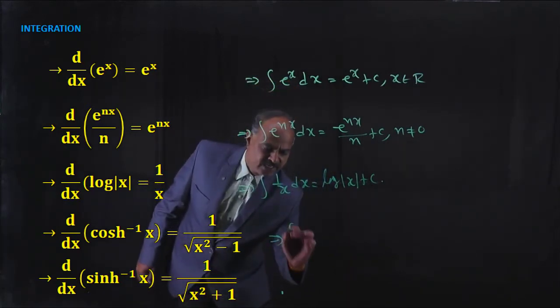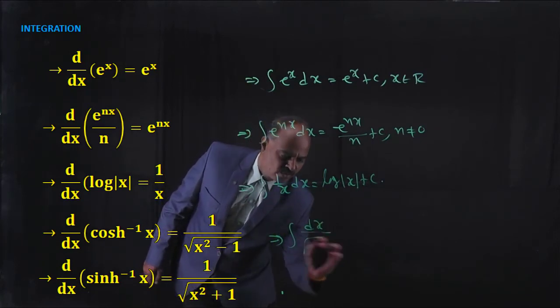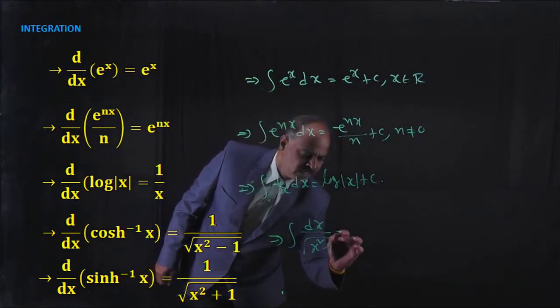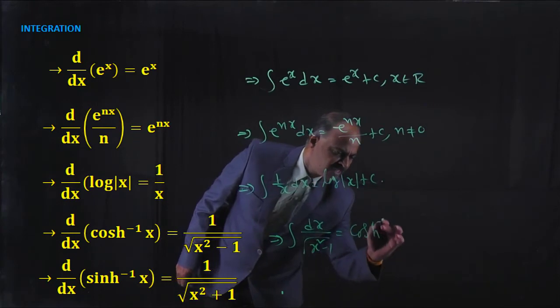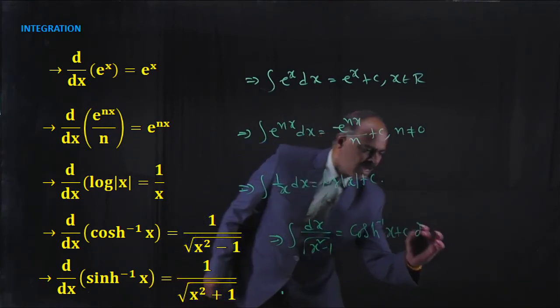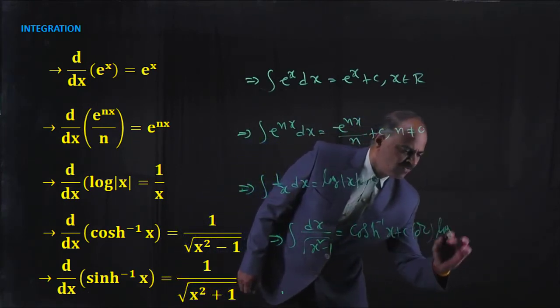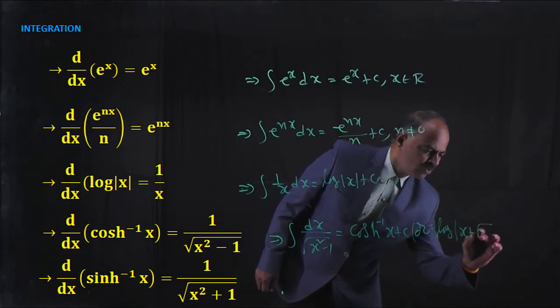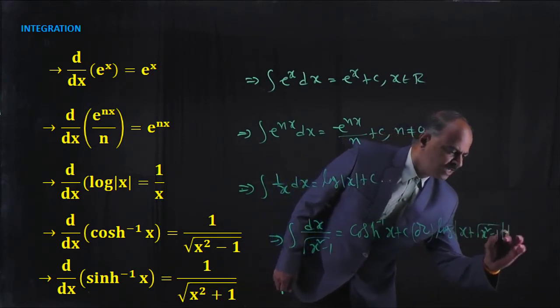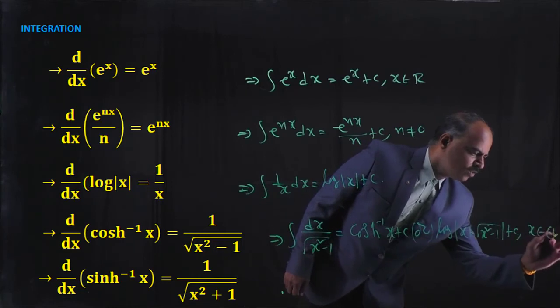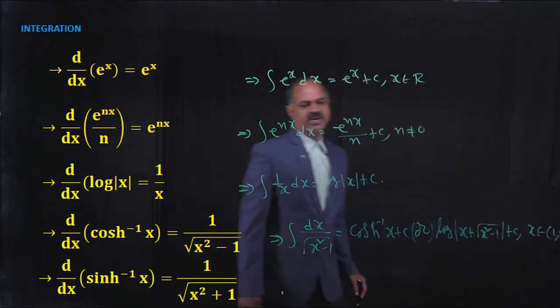So here integral dx by root over x square minus 1 equal to cos h inverse x plus c, or log modulus of x plus root over x square minus 1 plus c, x belongs to 1 to infinity.